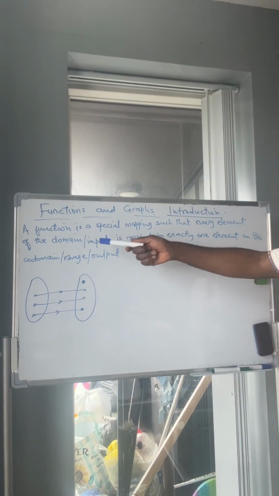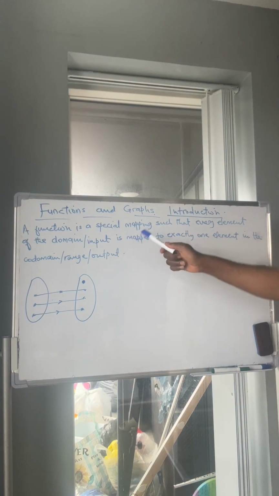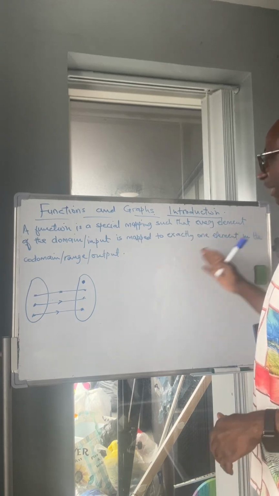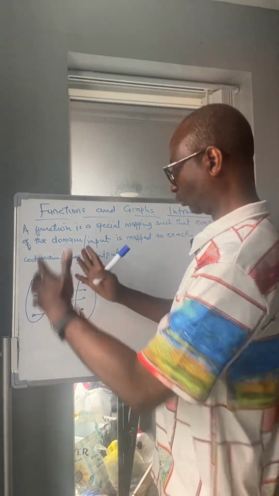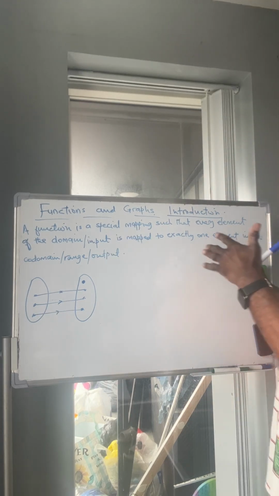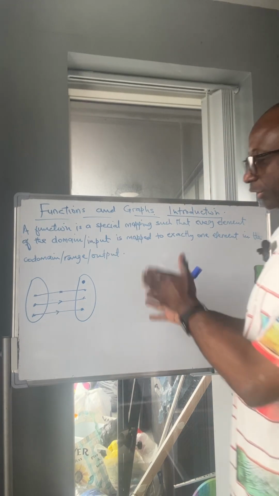And we define a function to be a special mapping, such that every element in one set is mapped to exactly one element in the other set.